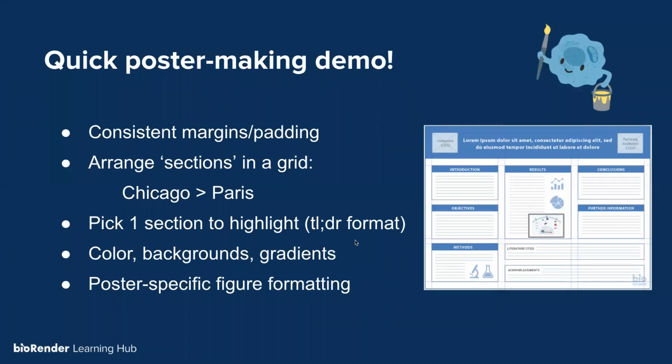Pick one section to highlight. You can try the TLDR format that we've suggested, but generally speaking, I think we've seen the results or methods sections as the main event of your poster. Color, background, and gradients, we already addressed. Don't use gradients as a background, and color pick where you can and stick to one or two color shades. And then again, poster-specific figure formatting.